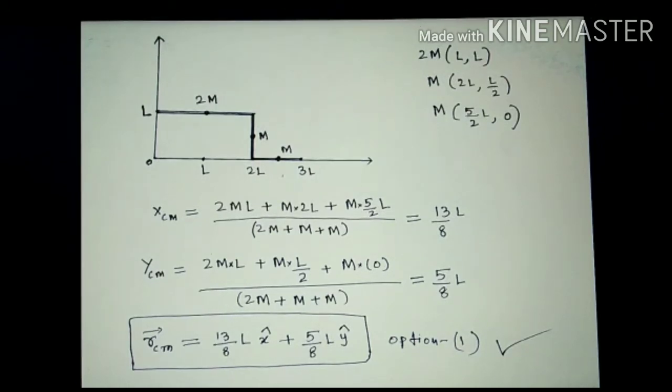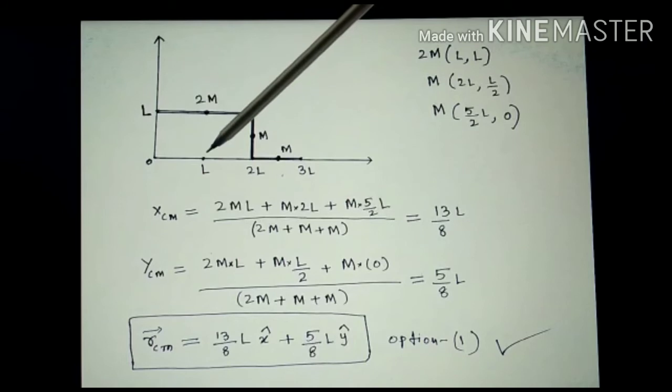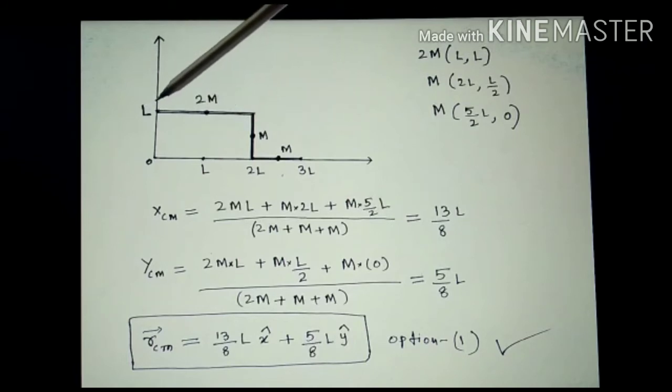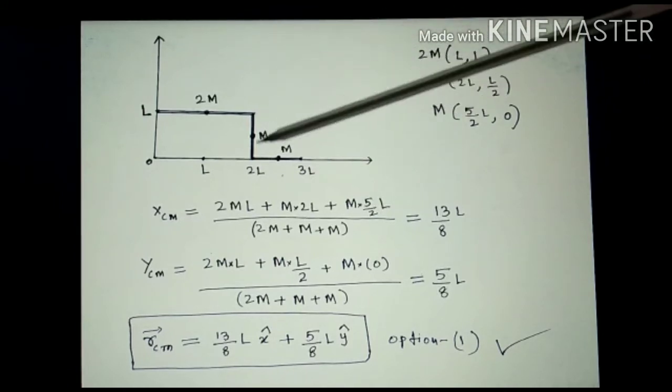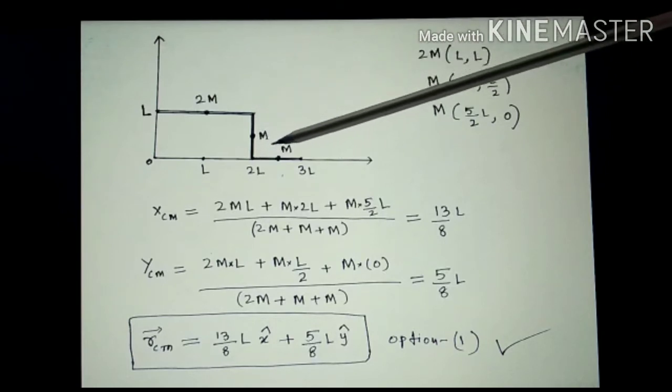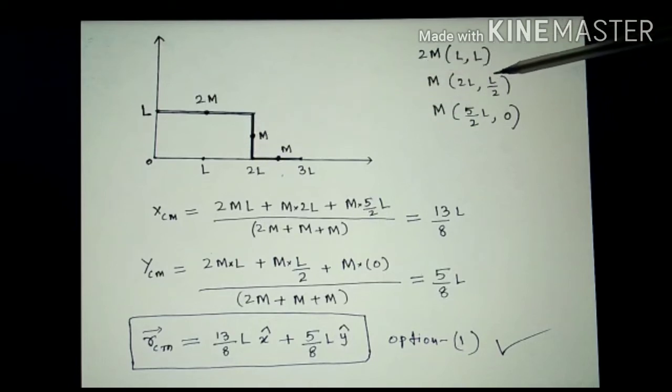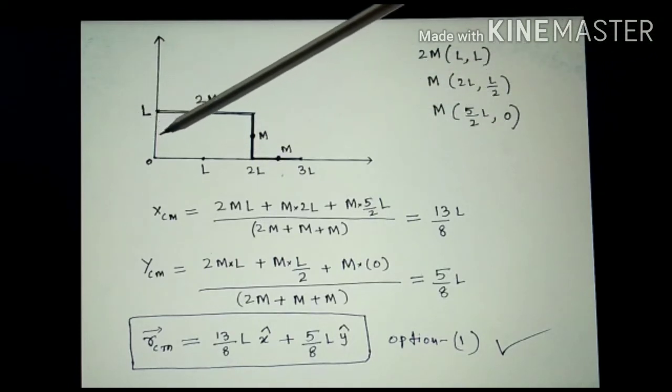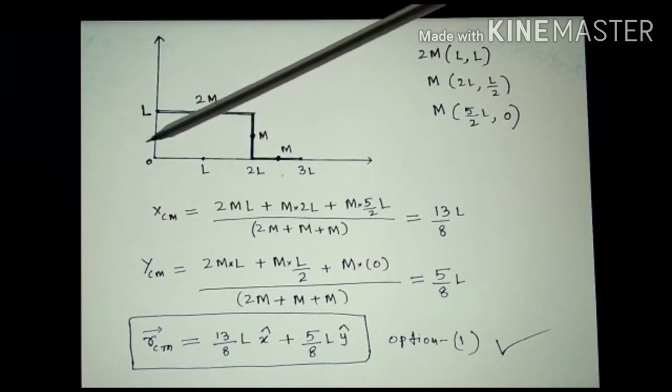Now three portions I have divided. First portion has mass 2m. I have put one point at exactly the center of this bar; the x coordinate is L and the y coordinate is L. So 2m is at position L comma L. Similarly, the downward bar of length L and mass m has x coordinate 2L and y coordinate L by 2, because it is at a height of L by 2 from the x axis.